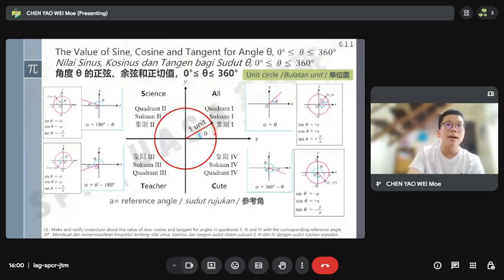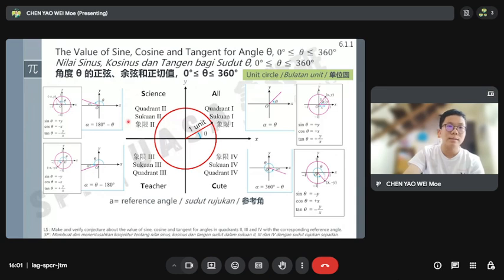But here, I move the angle theta to here. This is called quadrant 2, and to find the reference angle in quadrant 2, we use this formula: 180 minus theta. Here only sine is positive; other than sine, the values are negative.